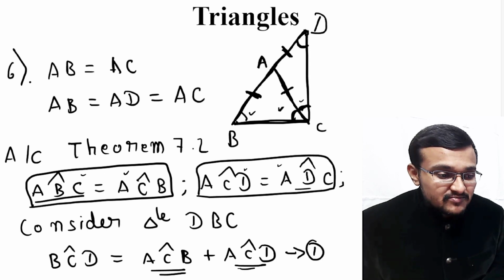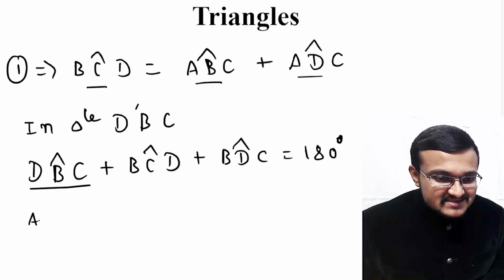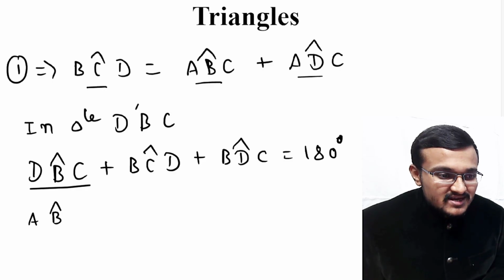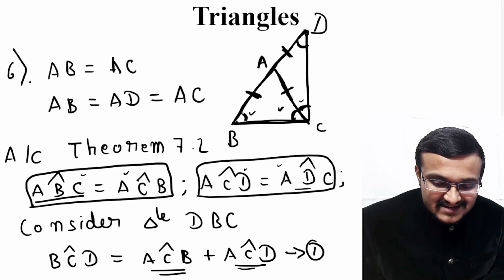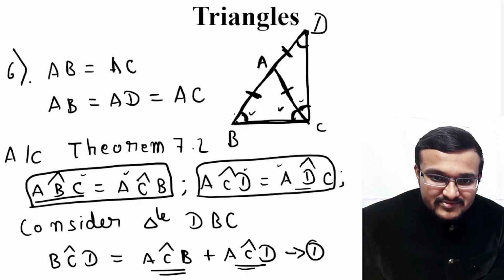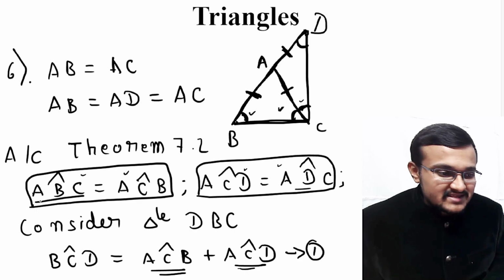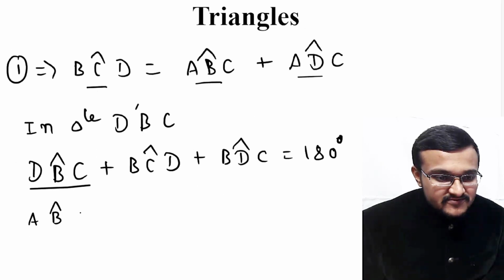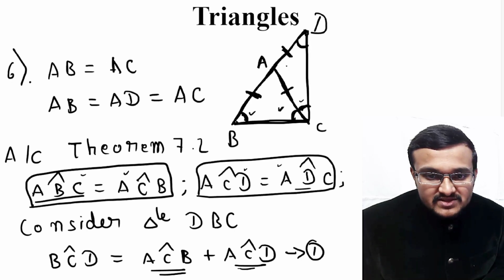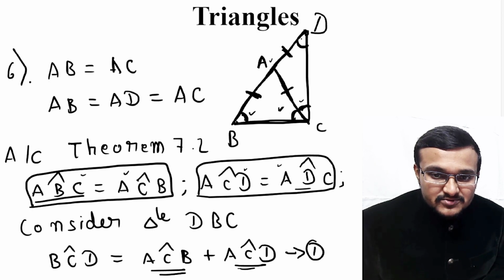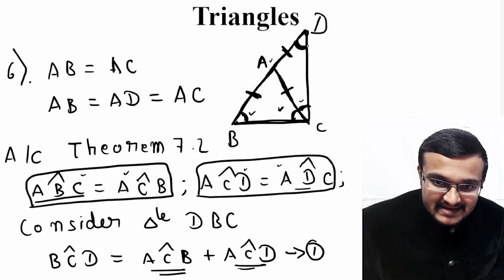So in the place of DBC, I can write ABC also, because instead of considering D point, I can consider A point also, because this is the angle I am taking. So either it will be DBC or ABC, anything works. So in the place of DBC, I'll write ABC plus BCD plus, in the place of BDC, I can write ADC also, because I am considering this particular angle.